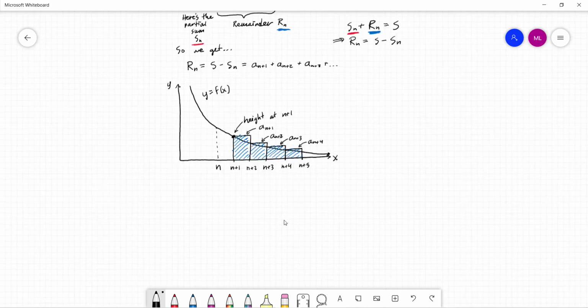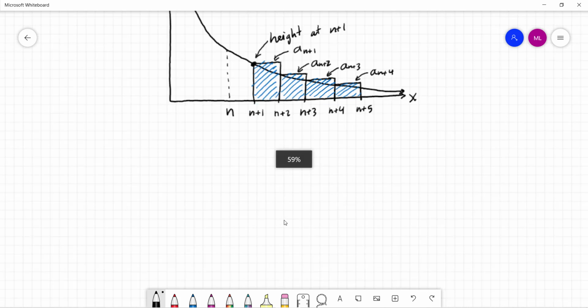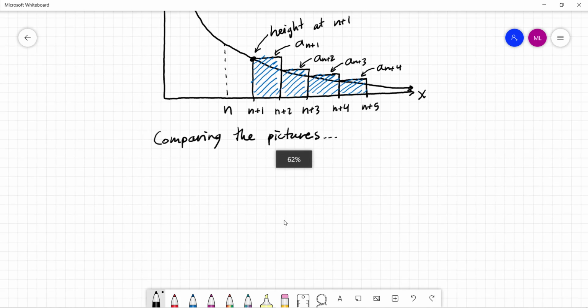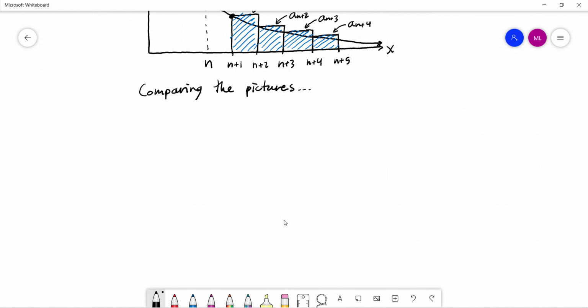So from the pictures, if we start comparing the pictures, I'm going to get two estimations. Let's do both of these.